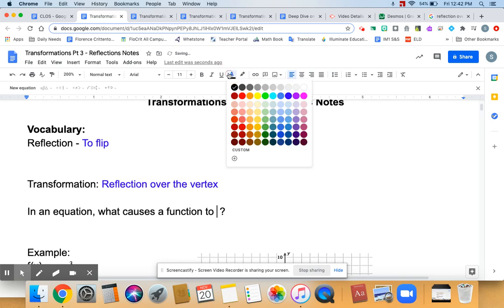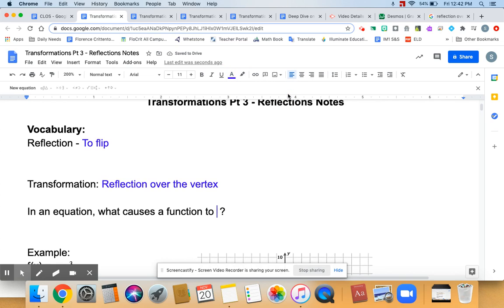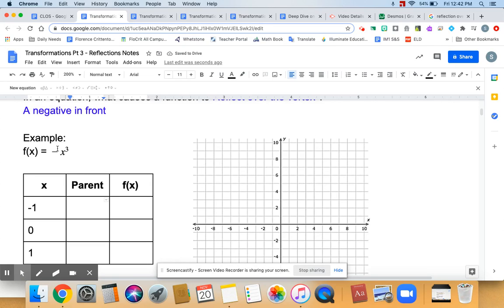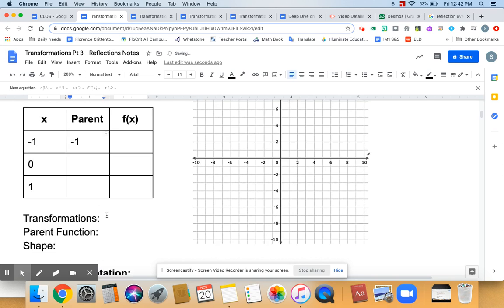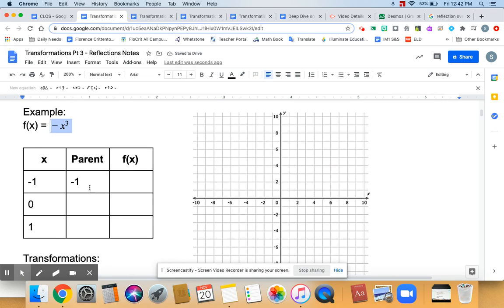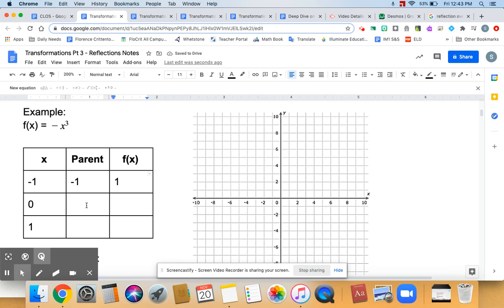So in an equation, what causes a function to reflect over the vertex? The parent function is just the normal x cubed. So if I plugged in -1, times it to -1 and times it to -1 again, we get out -1. But this negative in front takes it and makes it turn positive. For 0, 0 times 0 times 0 is 0.